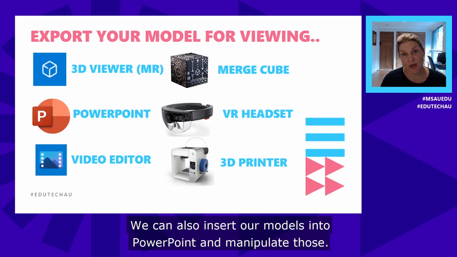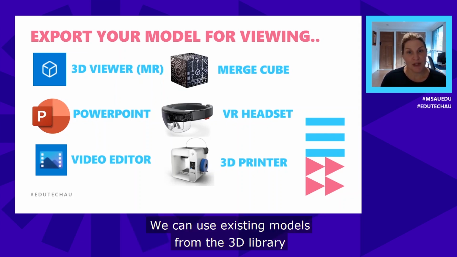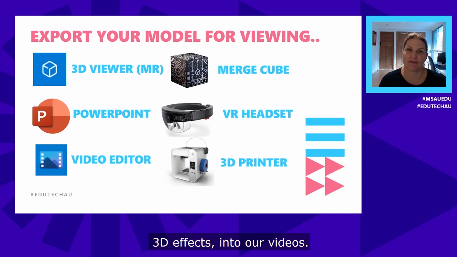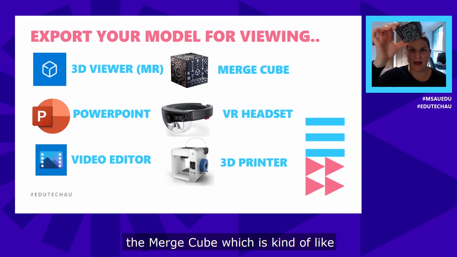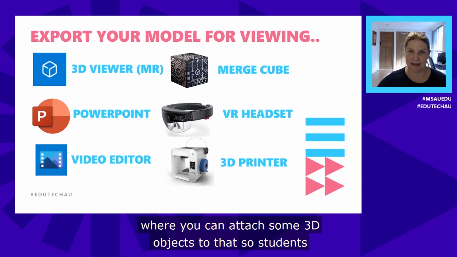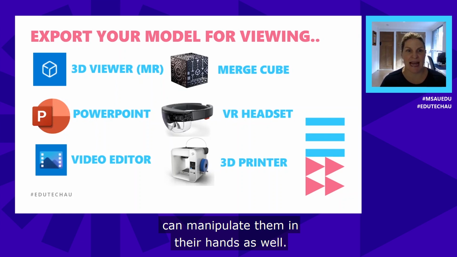We can also insert our models into PowerPoint and manipulate those. We can use existing models from the 3D library in Windows to add some 3D effects into our videos. And you can also use our friend the Merge Cube, which is kind of like a QR code that sits in the environment where you can attach some 3D objects so students can manipulate them in their hands as well.